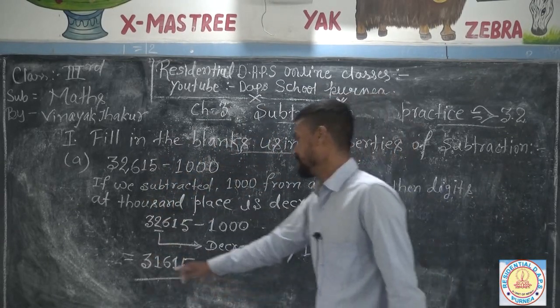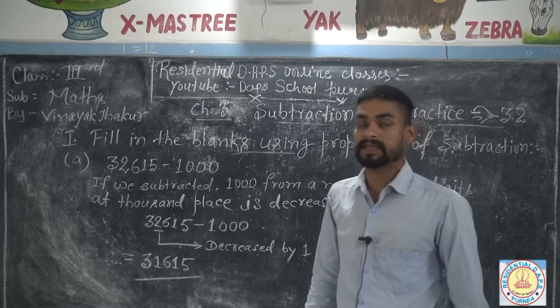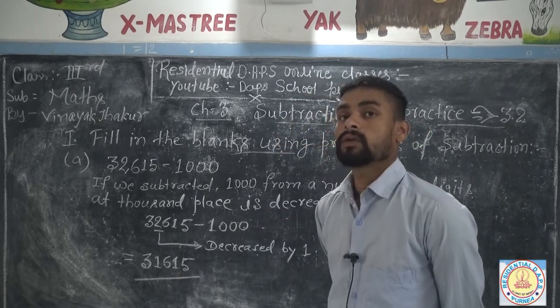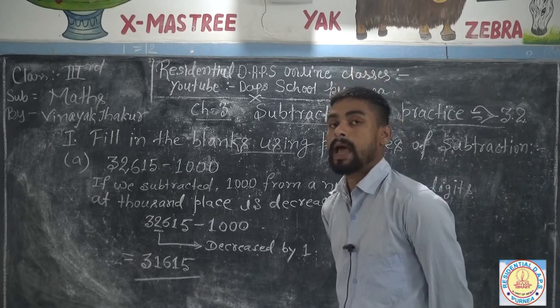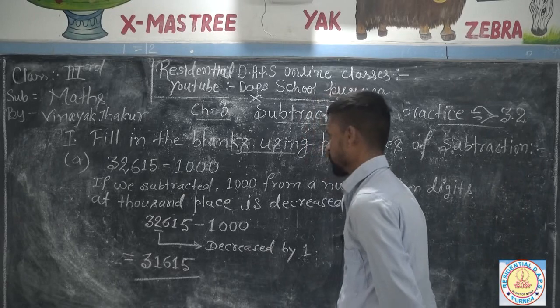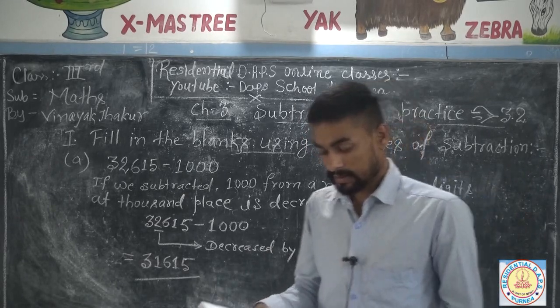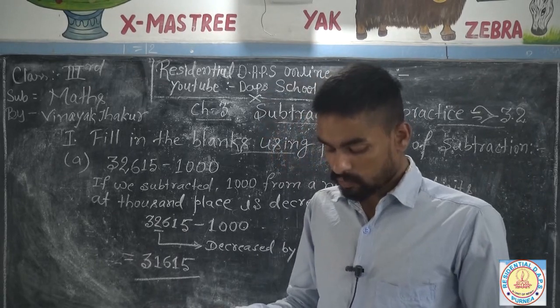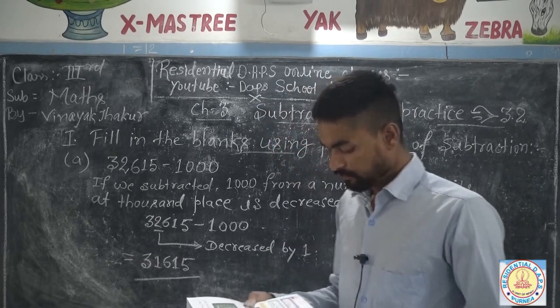So your answer is 31,615. This is your formula, and you have to learn your properties one more time.